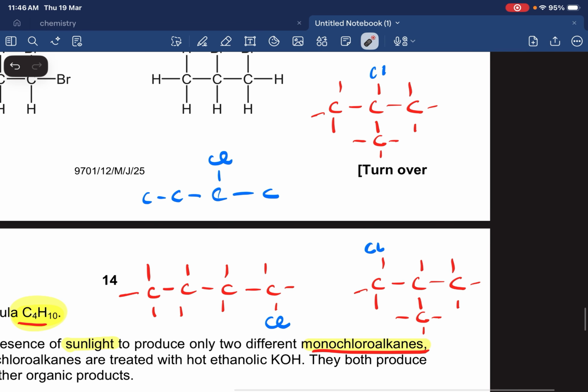Got it? So 2 monochloroalkanes are possible for butane: 1-chlorobutane and 2-chlorobutane, and 2 are possible for methylpropane.